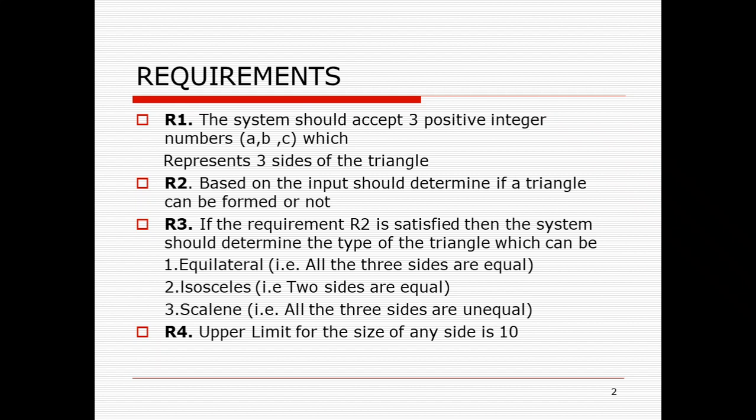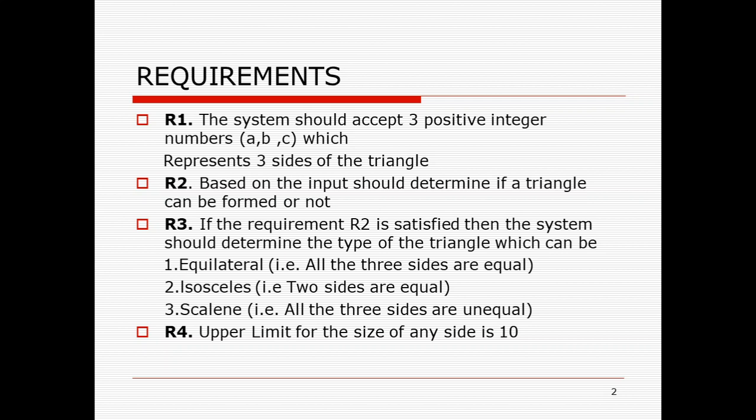Now coming back to the triangle problem, these are the requirements for this problem. Requirement R1 is that the system should accept three positive numbers A, B, C, the three sides of the triangle, as we have seen in the earlier problem. Requirement R2 is that the input should determine whether the triangle can be formed or not.